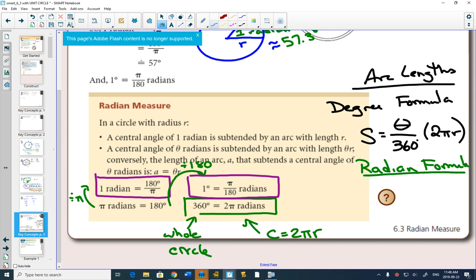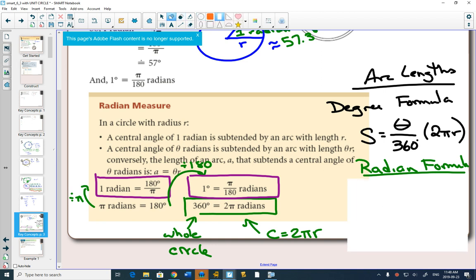The radian formula looks like this. Still have the S. Well, it's still a proportion. If you had an angle in radians, you would still be asking, what proportion of the whole thing do I have?